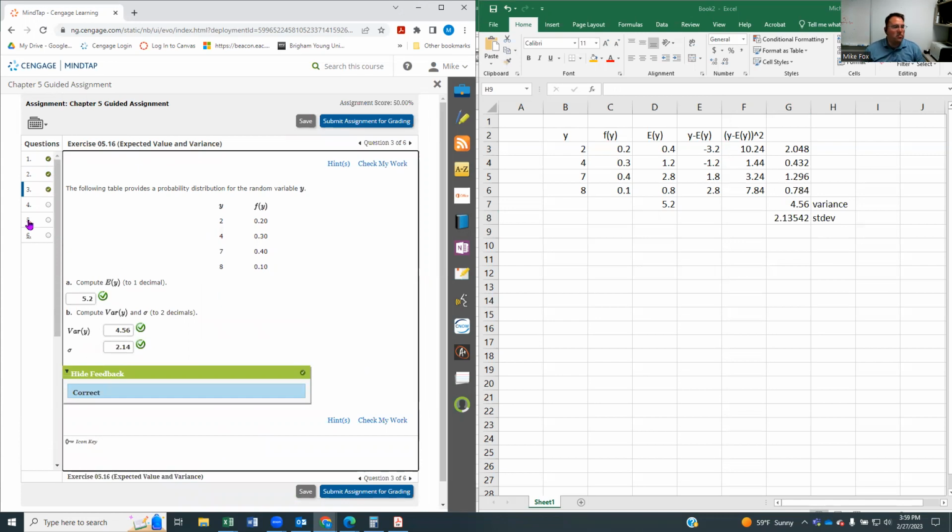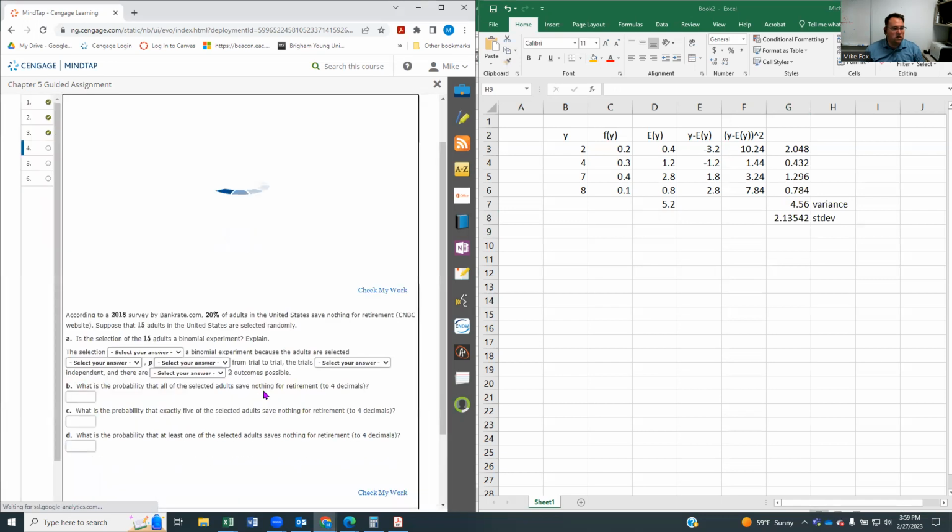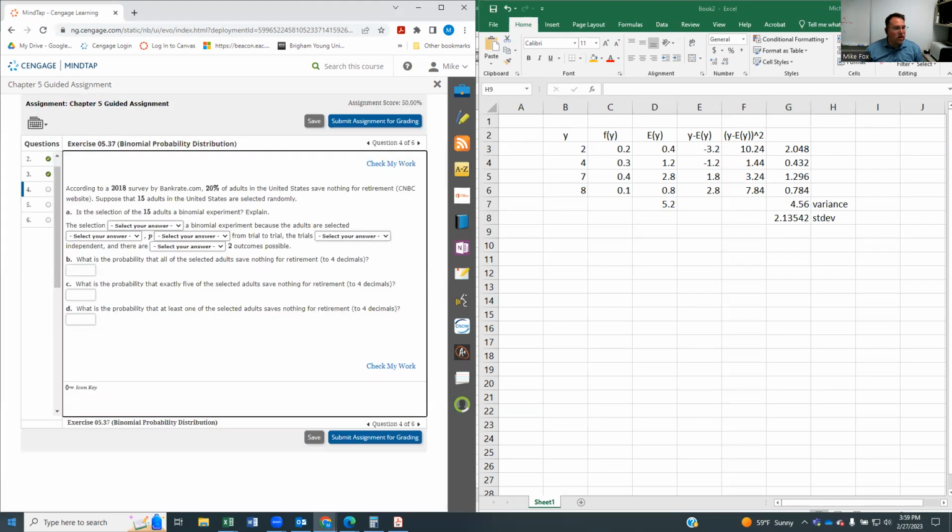All right, let's move on to number 4. According to a 2018 survey by bankrate.com, 20% of adults in the United States have nothing saved for retirement. Suppose that 15 adults in the United States are selected randomly. Okay, so we're going to go through this part first.